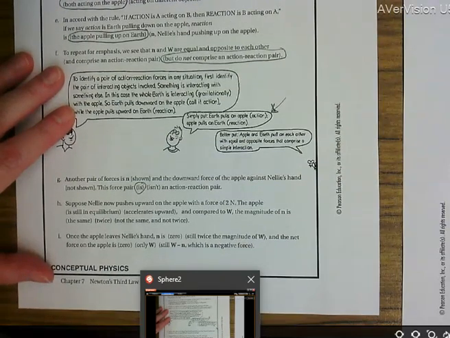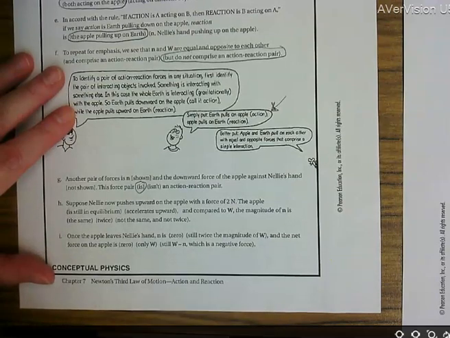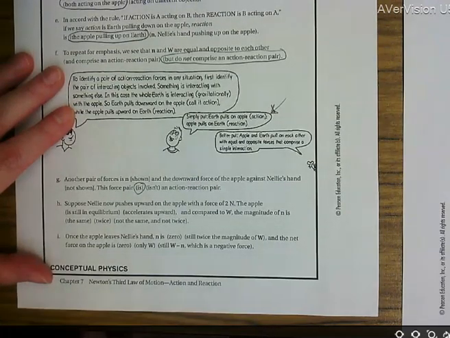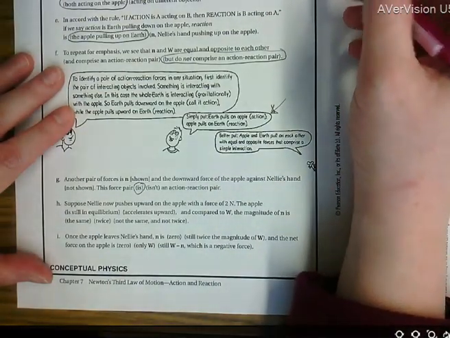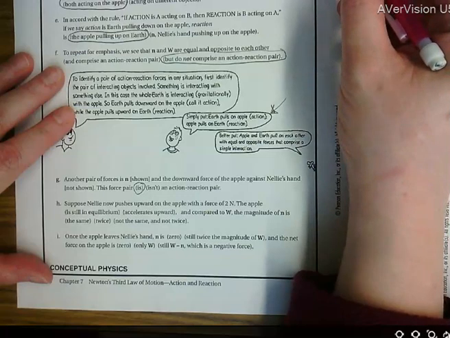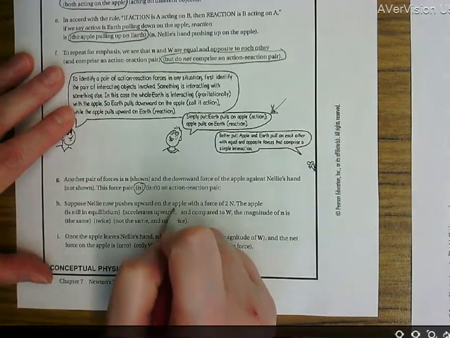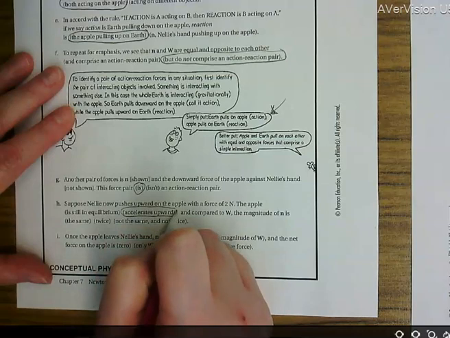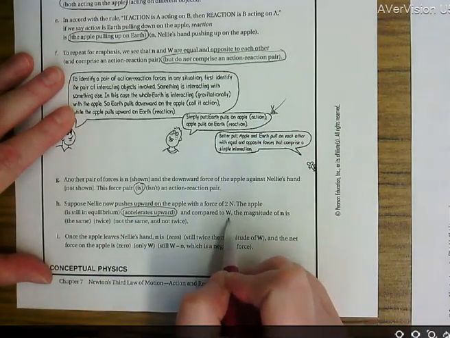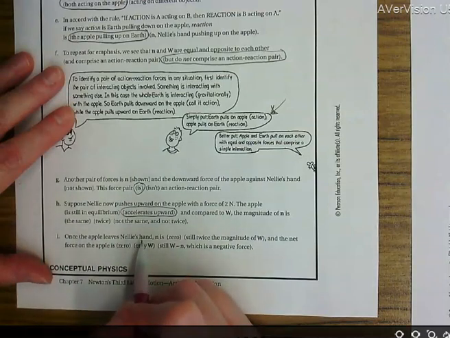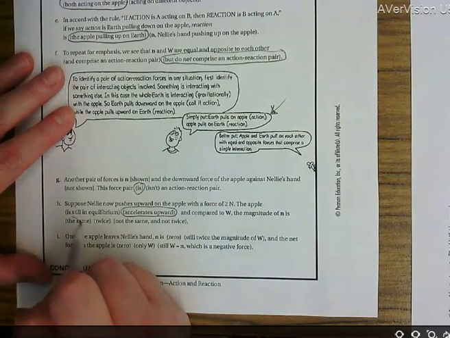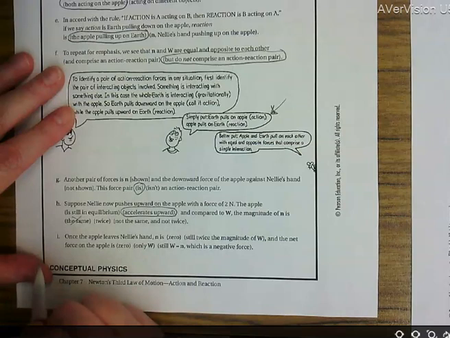Suppose Nellie now pushes upward on the apple with a force of 2 newtons. Here they're equal, and now we're going to add a force of 2 newtons. Is the apple going to be in equilibrium or move upward? It's going to move upward, so it accelerates upward. And compared to W, the magnitude of N is not the same anymore because we've added to it.